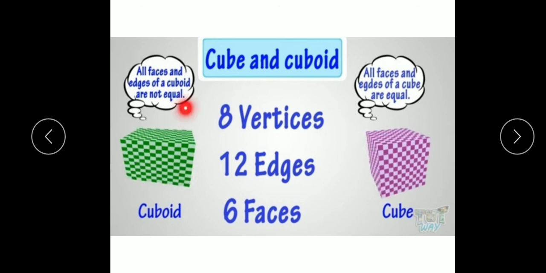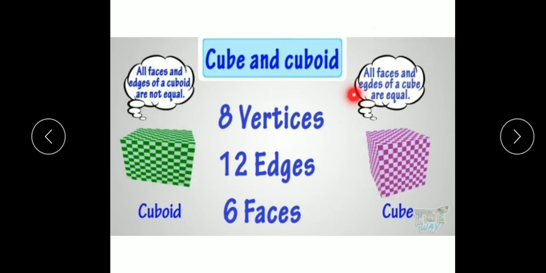Children, each face of a cuboid represents a rectangle, but each face of a cube represents a square. So, both have 8 vertices, 12 edges and 6 faces.